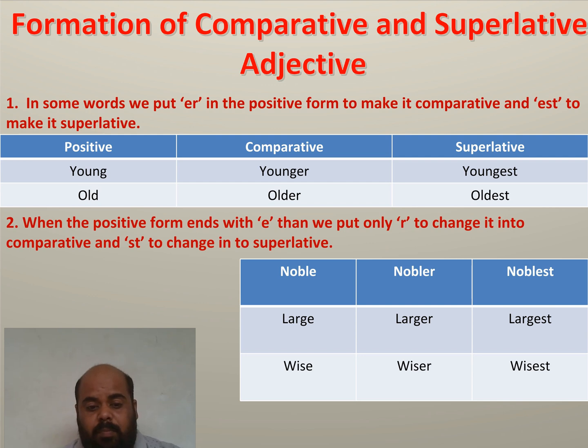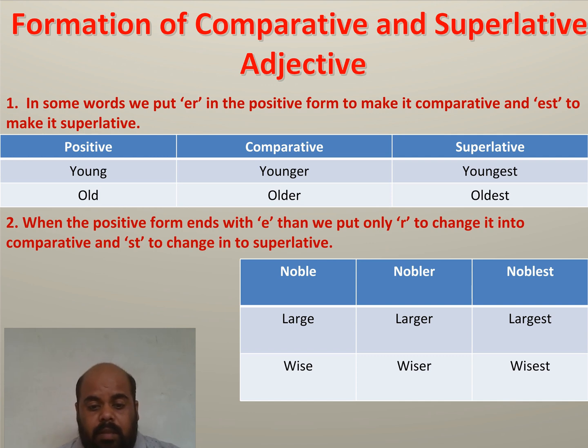But in the next point, you will see that words like large and wise already have an e present. To change these types of words into comparative, we only have to put an r. And to change them into superlative, we only have to put st. Let's see the examples.